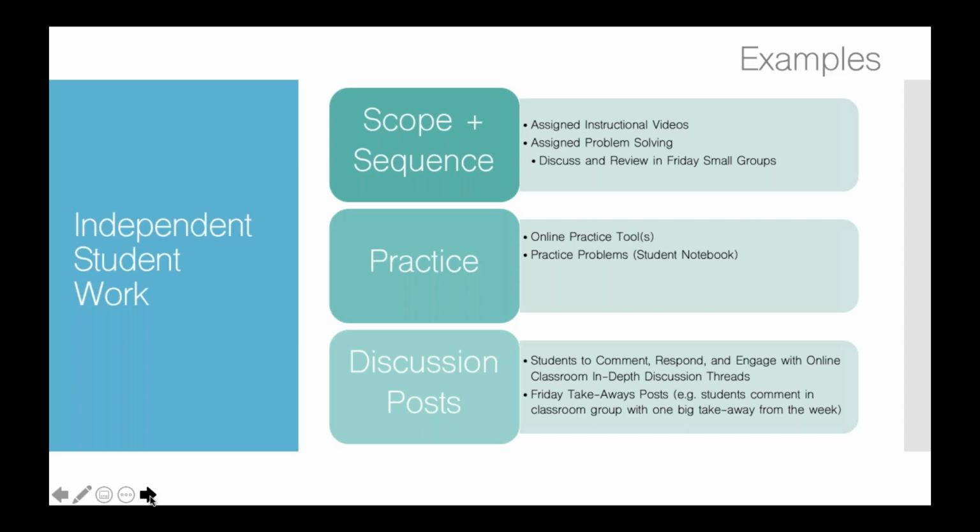Maybe you've assigned some problem solving for students to be working on. And the expectation there being that they would arrive on Friday to small group work with you to discuss and review some of that work that they did.